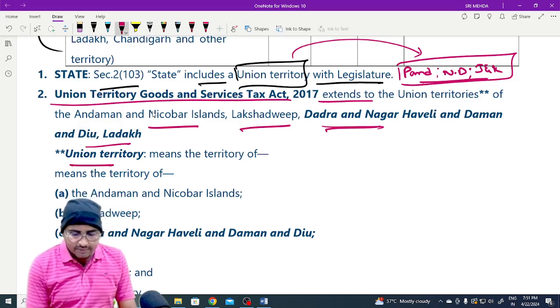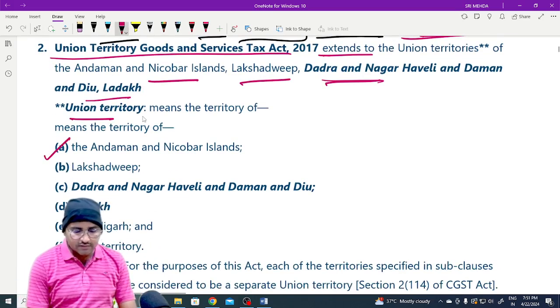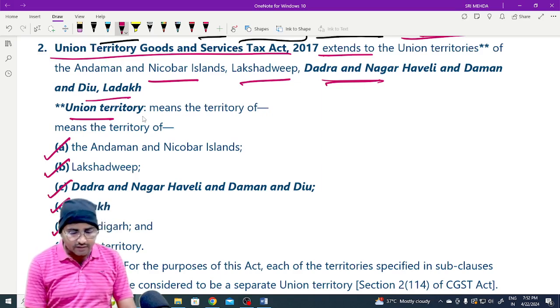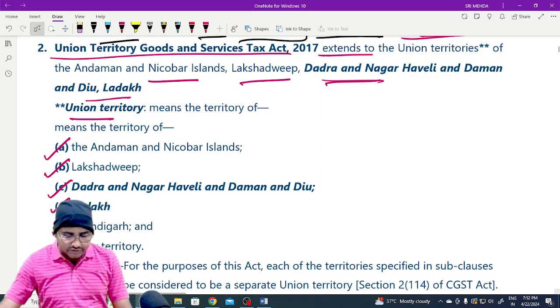Union Territory means the territory of these places: Andaman Nicobar Islands, Lakshadweep, Dadra and Nagar Haveli, Ladakh, Chandigarh, and other territory. Is it clear? And before that, one more thing you have to know.